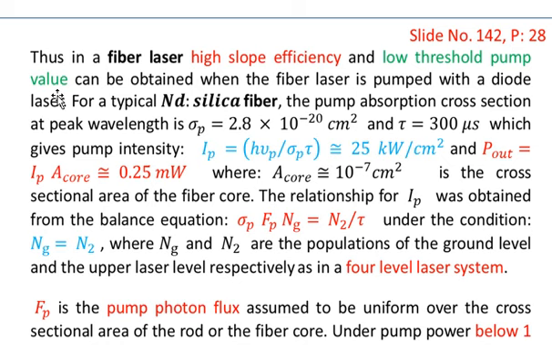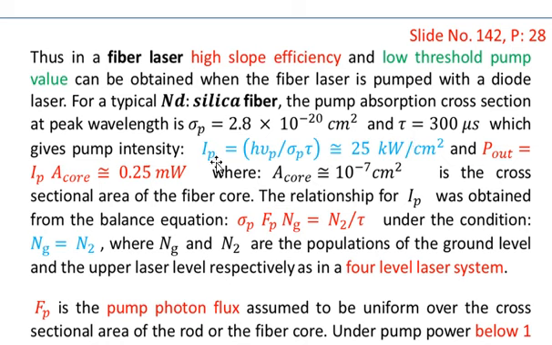The typical laser used as a pump beam for the fiber laser is the Nd silica fiber, or neodymium doped silica fiber. The pump absorption cross section at peak wavelength is sigma p, which is 2.8 times 10 to the power minus 20 centimeter square, and tau, the lifetime of the upper state, is 300 microsecond.